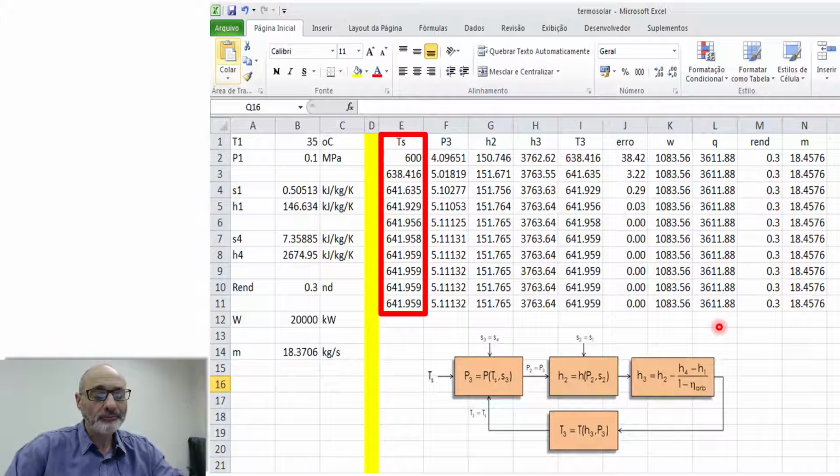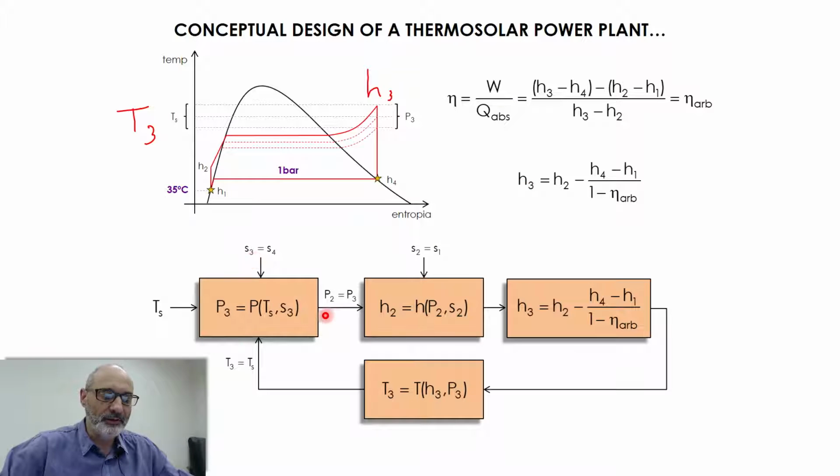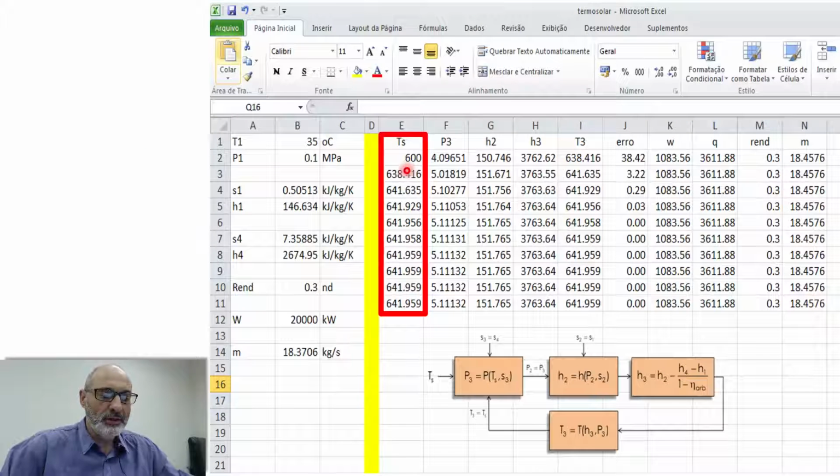I have a spreadsheet here. Since I have a lot to say today, I'm not going to look at the spreadsheet, but I will publish it on the site so you can download it if you want to take a look at the calculations. If we perform this iterative calculation, you see I'm estimating 600 degrees here, and I end up with 641 or 642 degrees.